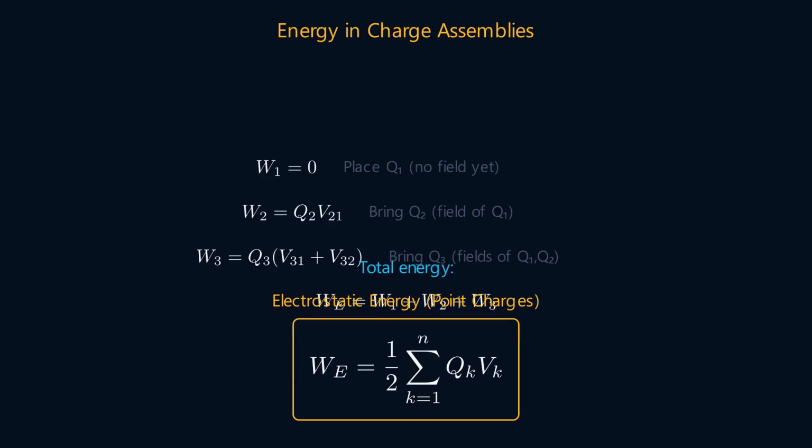Similarly, Q3 requires work Q3 times the sum V31 plus V32. Adding these up and using the symmetry argument of reversing the assembly order, we get W_E equals 1/2 times the sum of Q_k V_k from k equals 1 to n, where V_k is the total potential at the location of Q_k due to all other charges.